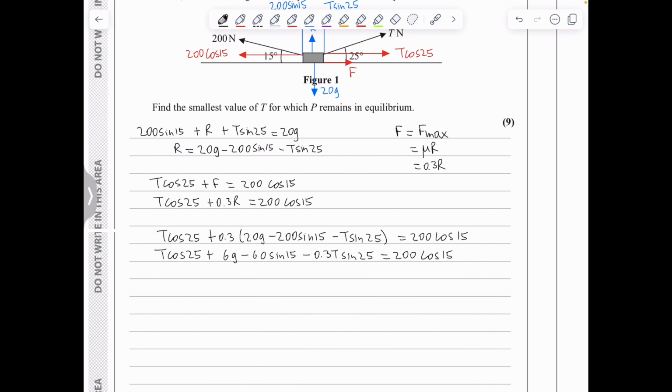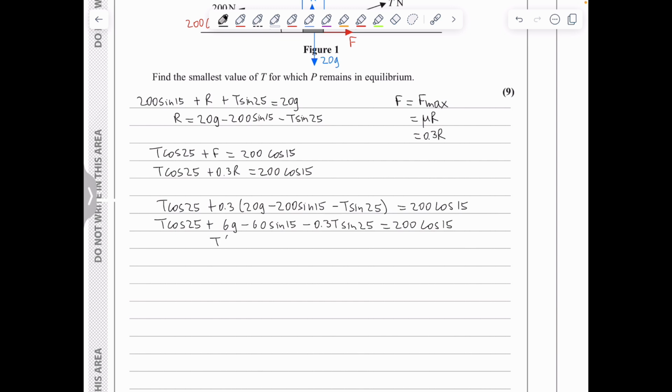Well, I will leave the terms containing T on the left hand side, and I will factor out the T. So we get T(cos 25 minus 0.3 sin 25) is equal to 200 cos 15 minus 6g plus 60 sin 15, which means that T can be found by doing 200 cos 15 minus 6g plus 60 sin 15, and all of it divided by cos 25 minus 0.3 sin 25.